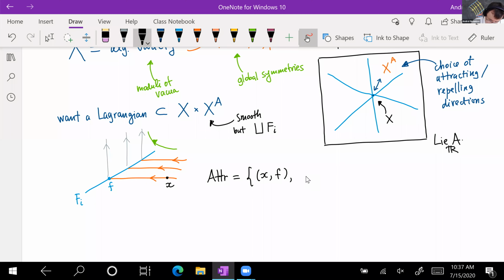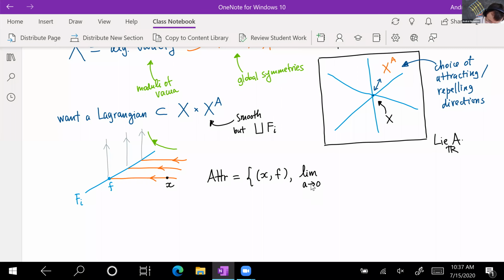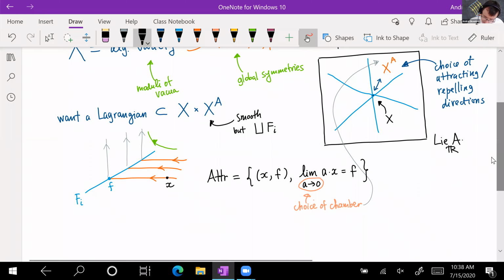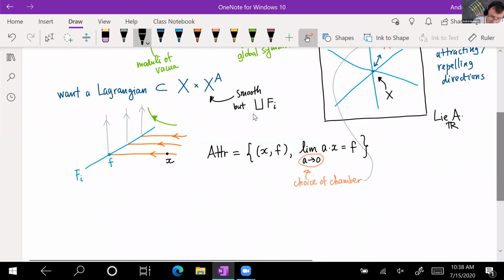The condition is that the limit as A goes to 0, and this limit involves the choice of the chamber, of A acting on X equals F.